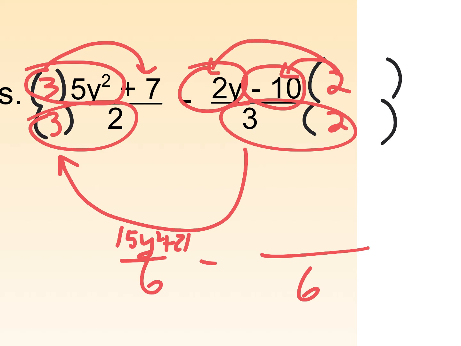Because that negative right there makes the 2 negative, but it makes the 10 positive. When you distribute that negative, that 10 becomes positive. So then when I multiply by 2, I got negative 4y plus 20. But weirdly, because I distributed the negative, it's all used up. It's not here anymore.